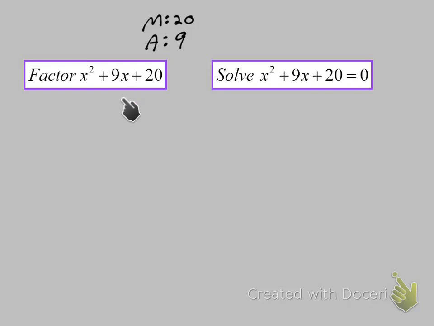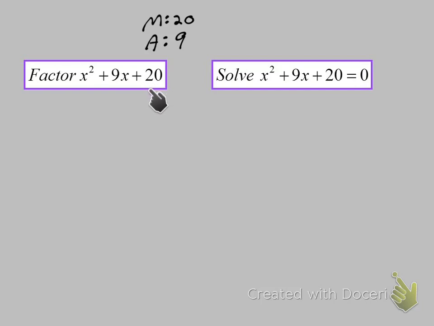Now, remember that first box I said don't write down, because it's FOIL and you know how to FOIL? What factoring is, is unfoiling, basically. It's a lot like dividing. You're unfoiling trinomials. So there were two binomials somewhere along the way that you could FOIL together to get x squared plus 9x plus 20.